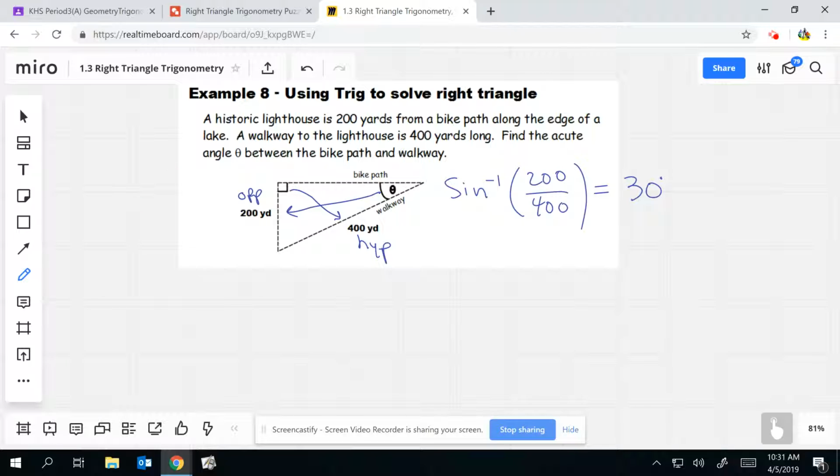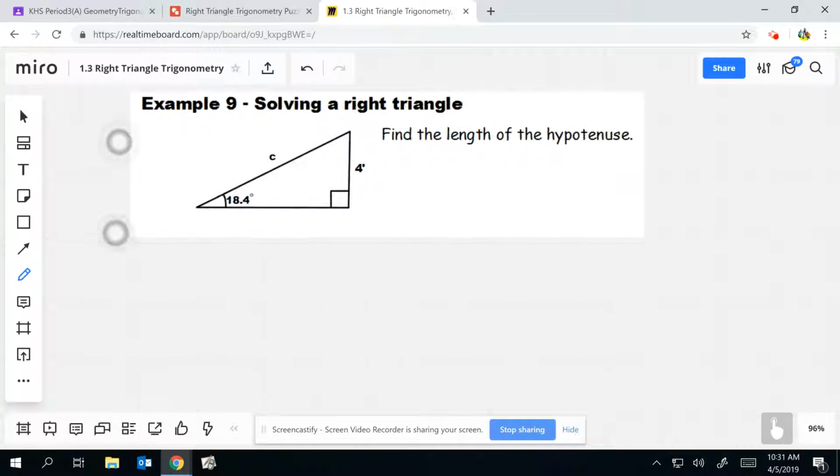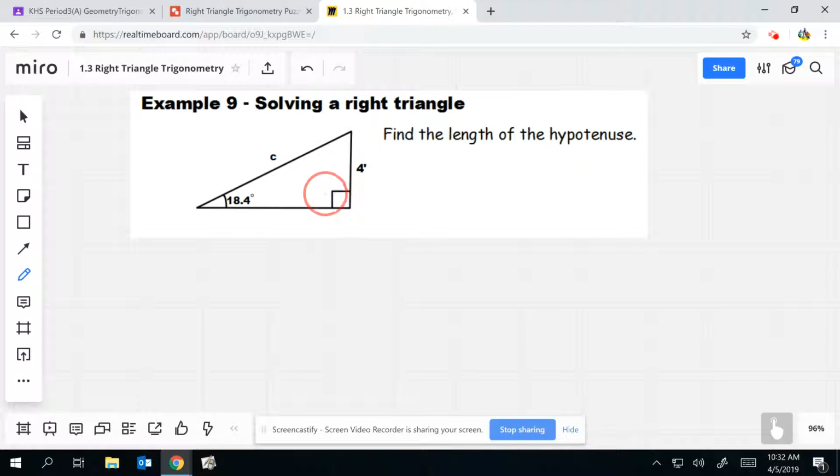All right, let's look at the last example, finding the length of the hypotenuse. So we want the hypotenuse, and they're giving us the opposite. OH, again, is going to be sine of 18.4 degrees equals the 4 over C. Now remember, you want to switch these two when the C is at the bottom, just like multiplying diagonals.